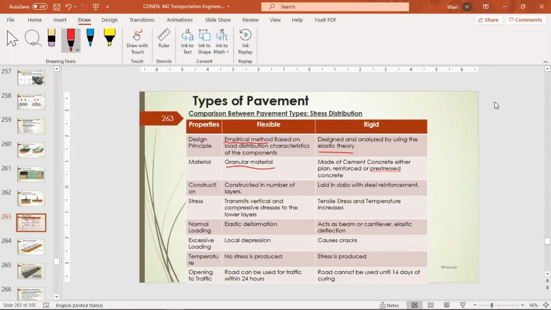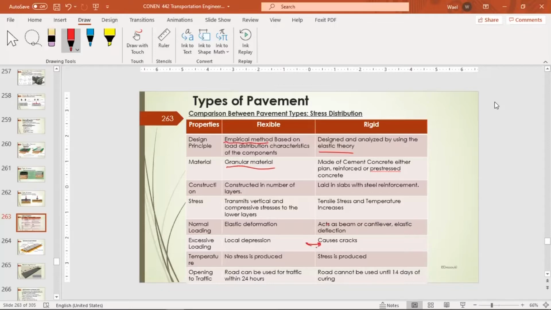But here it generates a tensile stress, and temperature increases. For normal loading, it's elastic deformation. For rigid pavement, it acts as a beam or cantilever. For excessive loading, flexible pavement suffers depression, but concrete pavement suffers cracks and permanent damage. Both are permanent damage, by the way.